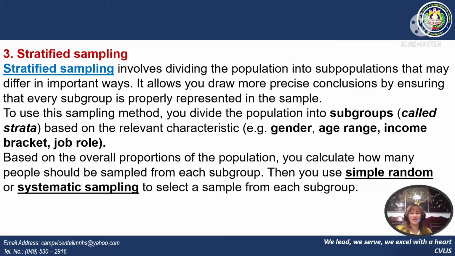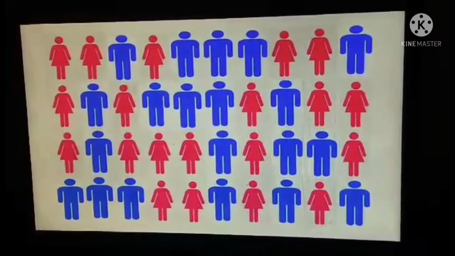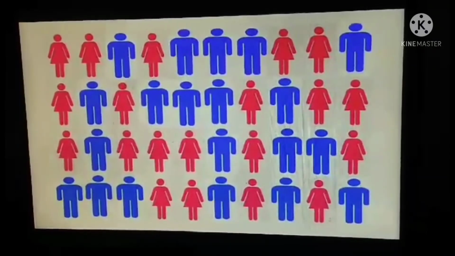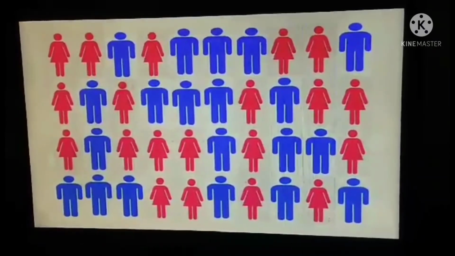Okay, so let us hear Ma'am Jessa Maratas illustrate the sampling technique in selecting samples for respondents for the study. Suppose that the total population is 40 students and you need 10 respondents as your sample size.